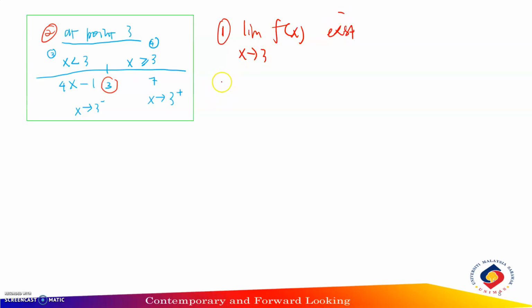Let's start with the left hand limit. For 4x minus 1, as x approaches 3 from the left, we substitute x equals 3 directly into this one. Then we will have 4 times 3 minus 1, so the answer is 11.